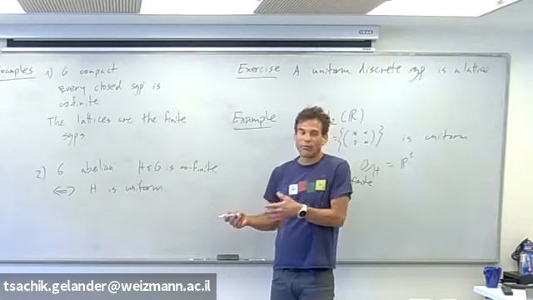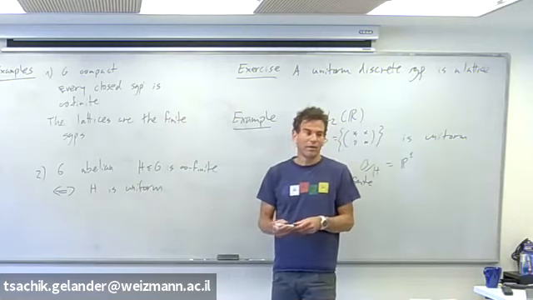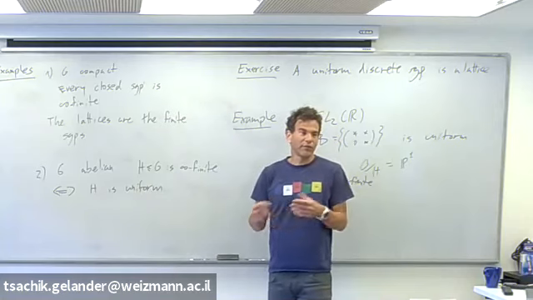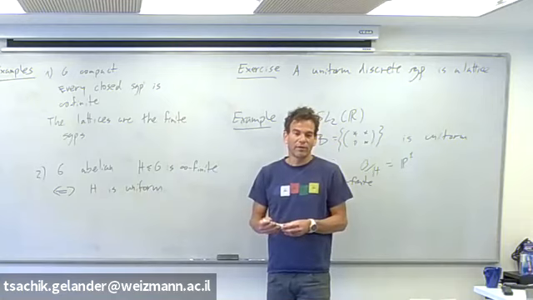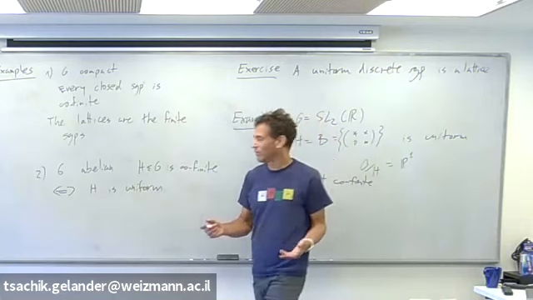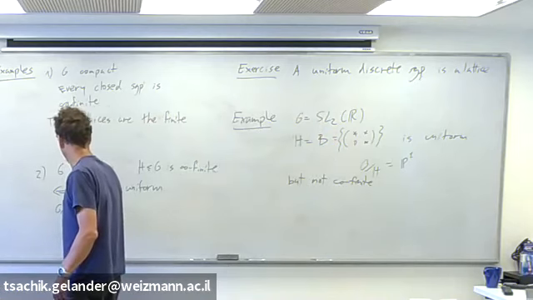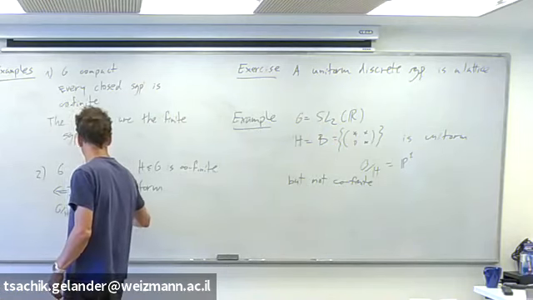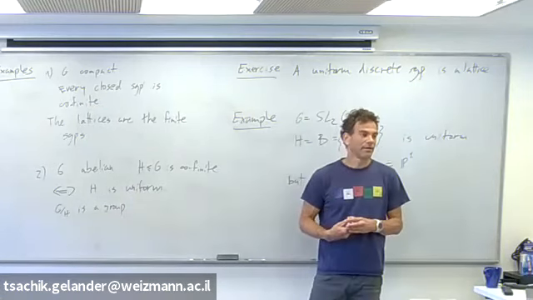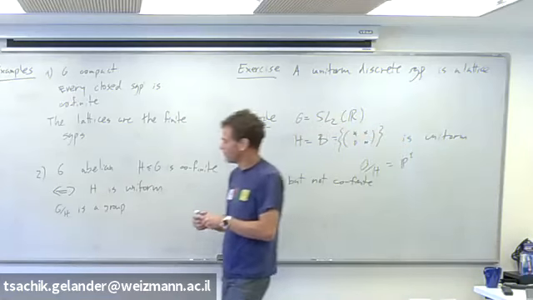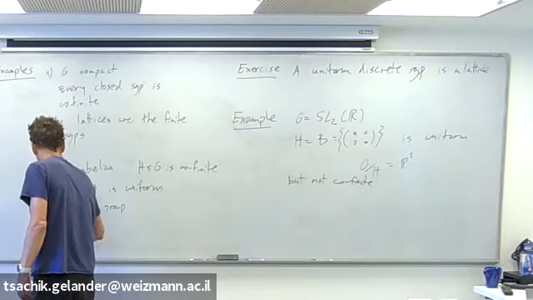So a measure on G mod H would be a Haar measure on G mod H. And we had an exercise that the Haar measure on a group is finite if and only if the group is compact. The proof only uses that H is normal. So any normal subgroup is cofinite if and only if it is uniform.